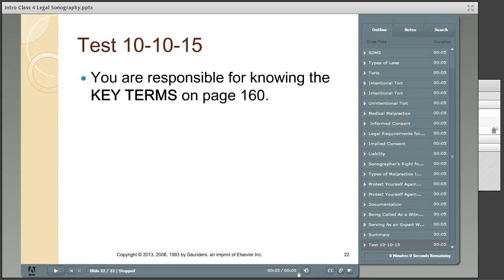We also need to be very careful of what we say to a patient who is refusing to have an exam. You cannot make them feel threatened, so that they do the exam because they are fearful. They have to feel free to say no to getting an exam performed on them.